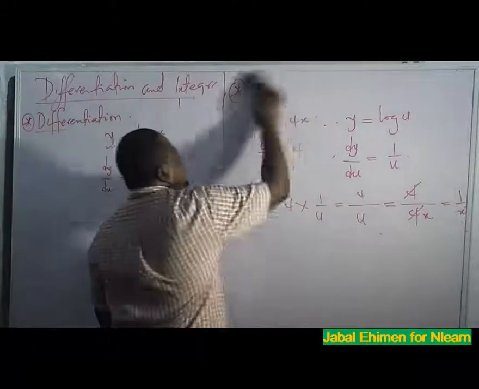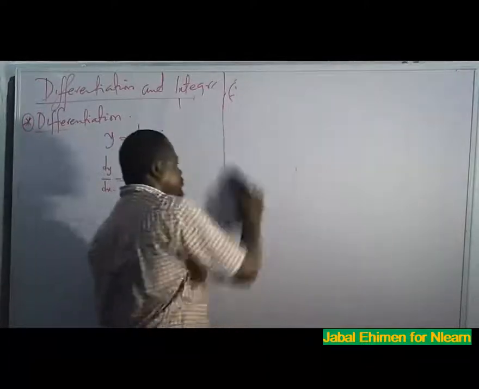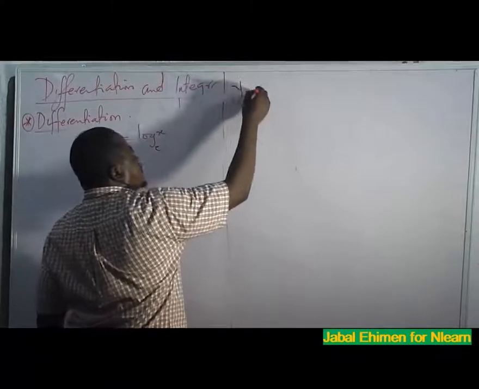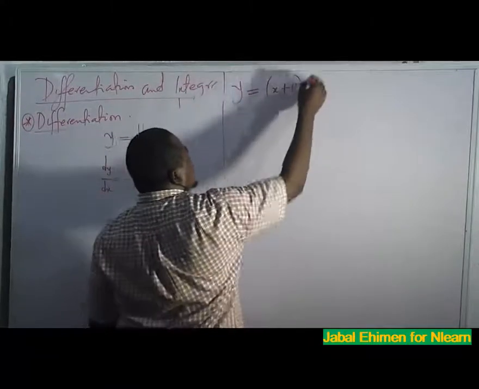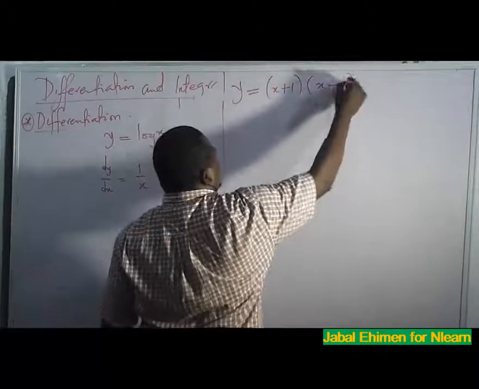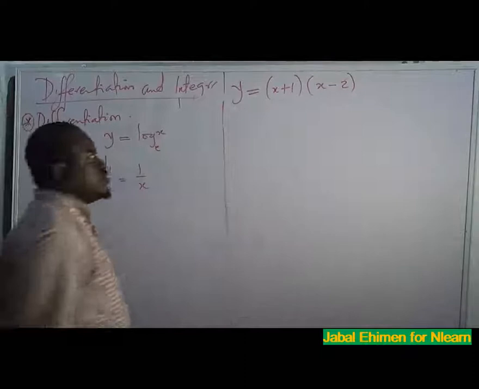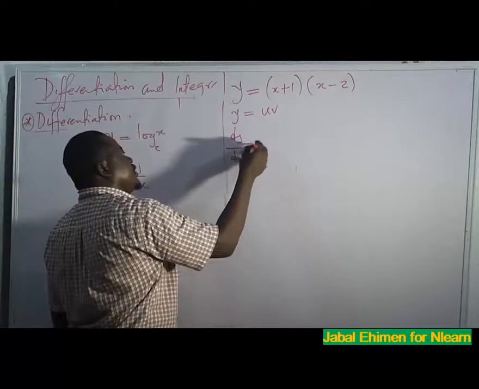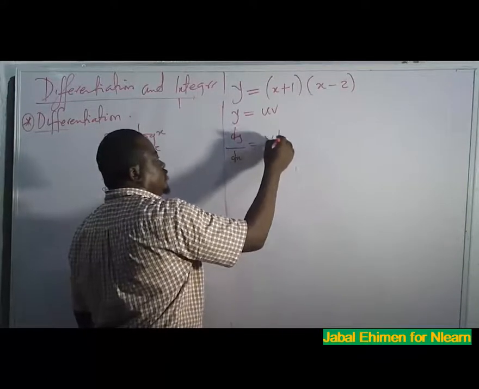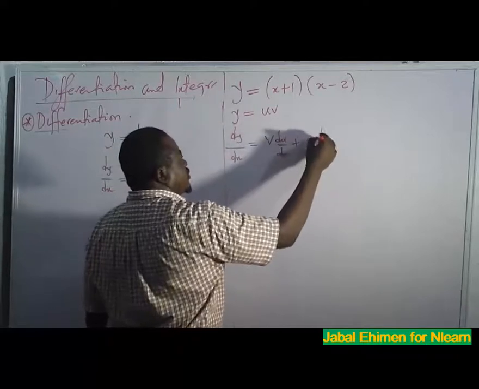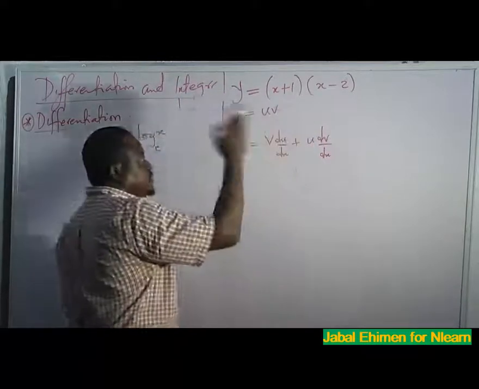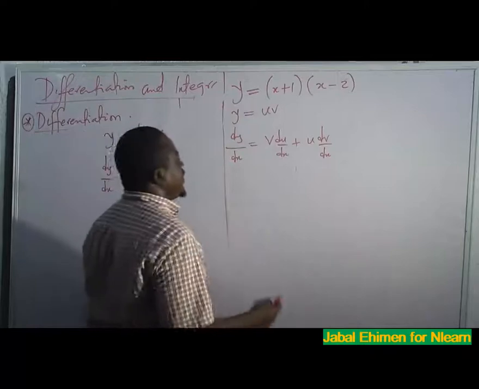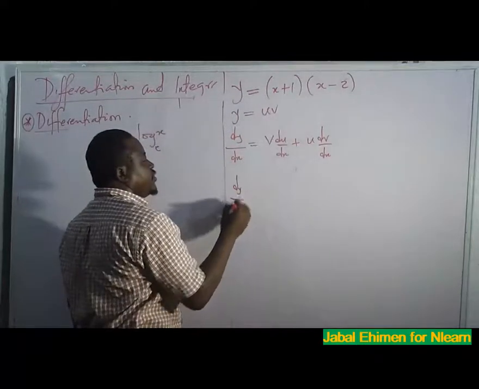Now let's see something else. Like if you want to consider values like y is equals to x plus 1 times x minus 2. And this is the product rule. The product rule says that if y is equals to uv, then dy over dx is equals to v du over dx plus u dv over dx, meaning differentiate one, write the other, differentiate the other, write the one, in that order. So my dy over dx is simple.